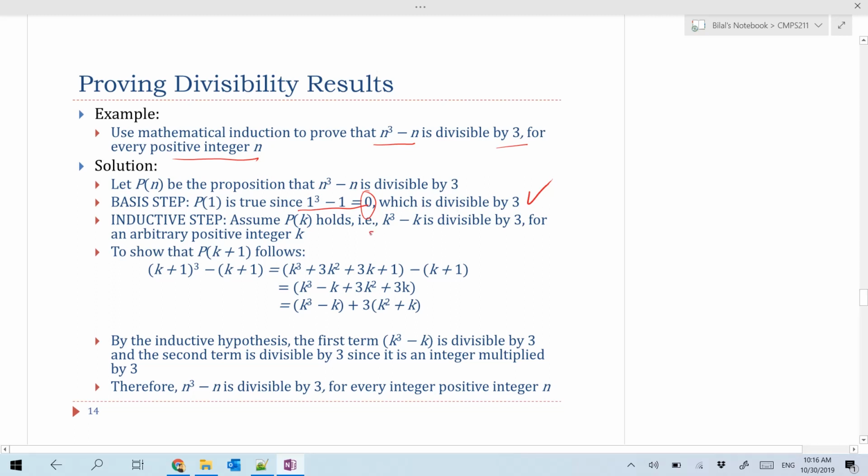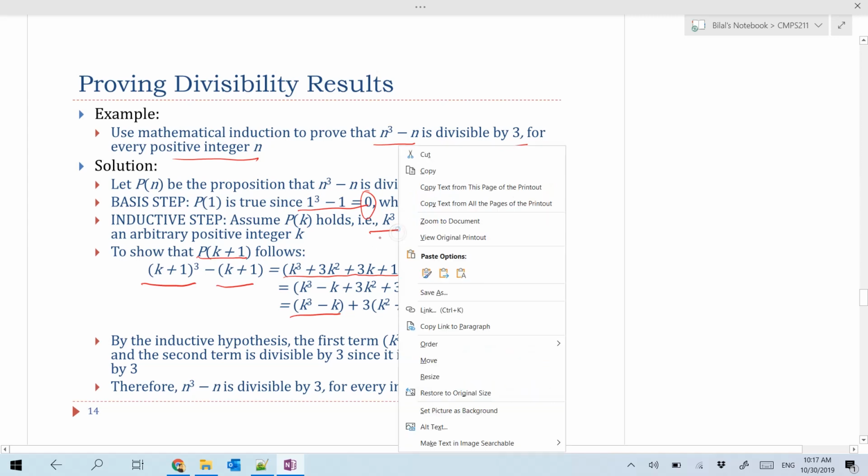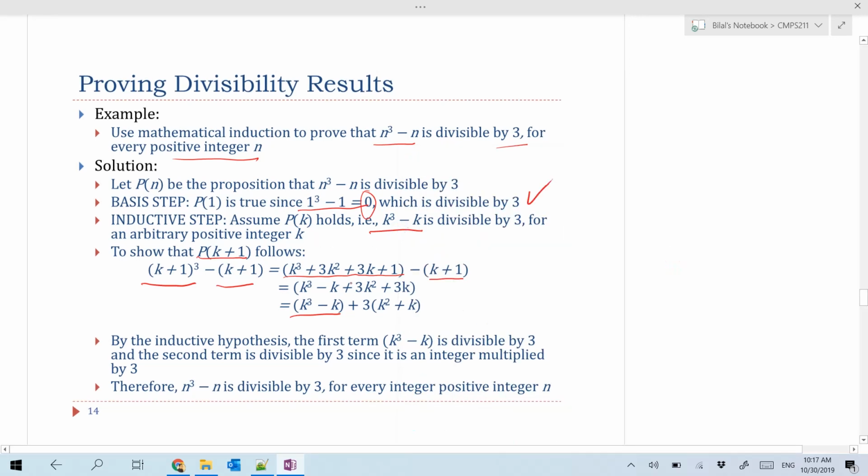Let's assume that the property holds for k, and let's check whether it holds for k plus 1. What we want to prove with this is that (k+1) cubed minus (k+1) is divisible by 3. So if we replace (k+1) cubed by its polynomial development, and we subtract k plus 1, we have to rearrange the terms in a way to get useful information from the hypothesis, which is k cubed minus k is divisible by 3.